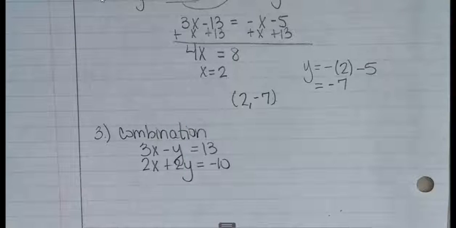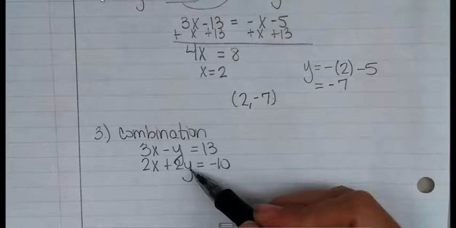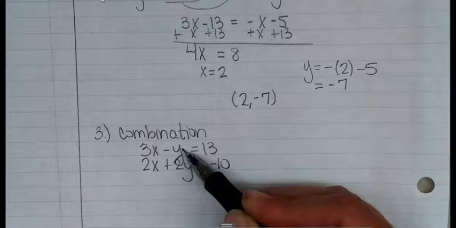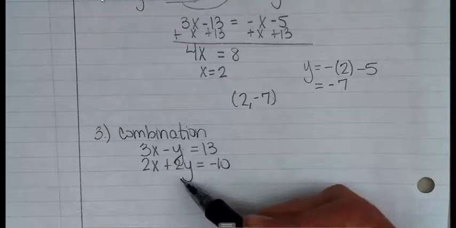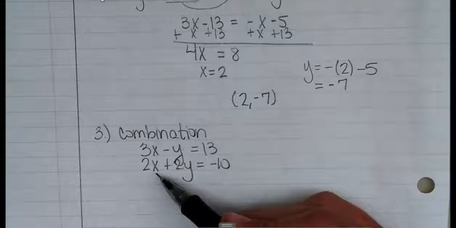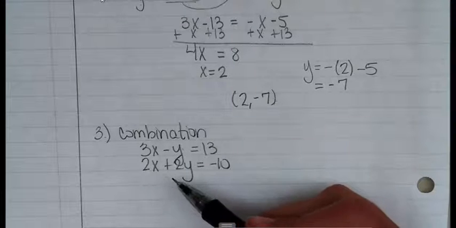Okay, so what you want to do here is create equations where if you added them together, one of your variables will go away. So I can see that, for example, here I have 2y. So if I could get this y to be negative 2y, then if I added these two equations together, the y's would go away. I'd just be left with x. So that's what I'm going to try and do.